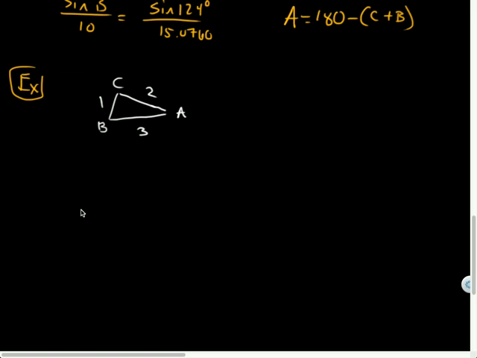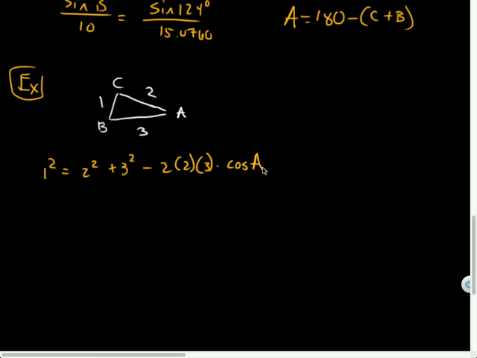So I'm going to do the a squared equals version of the law of cosines. So 1 squared equals 2 squared plus 3 squared minus 2 times 2 times 3 times the cosine of angle A. All right? So I've plugged in what I know, and I'm solving for what I don't.